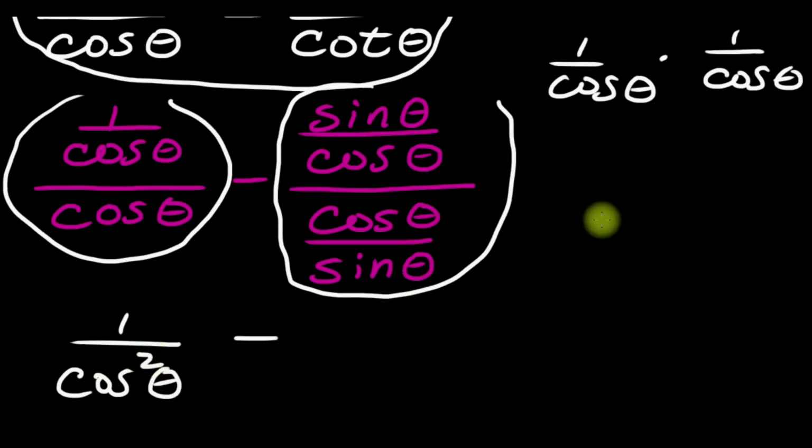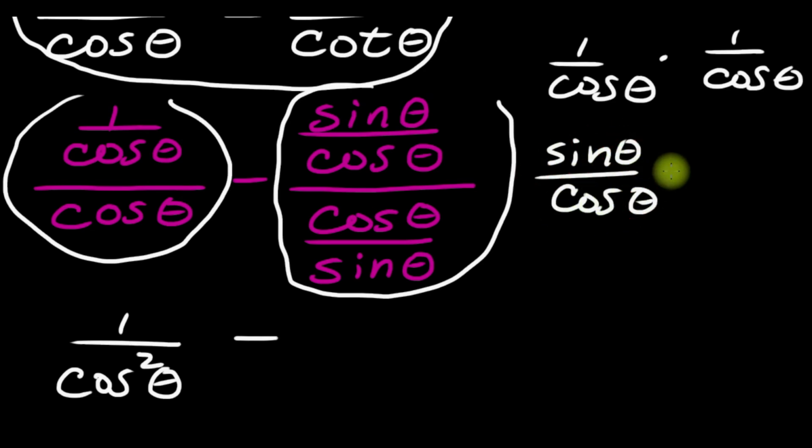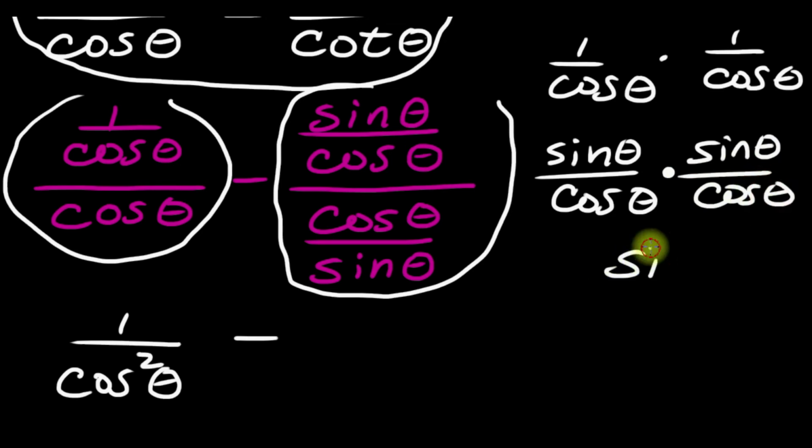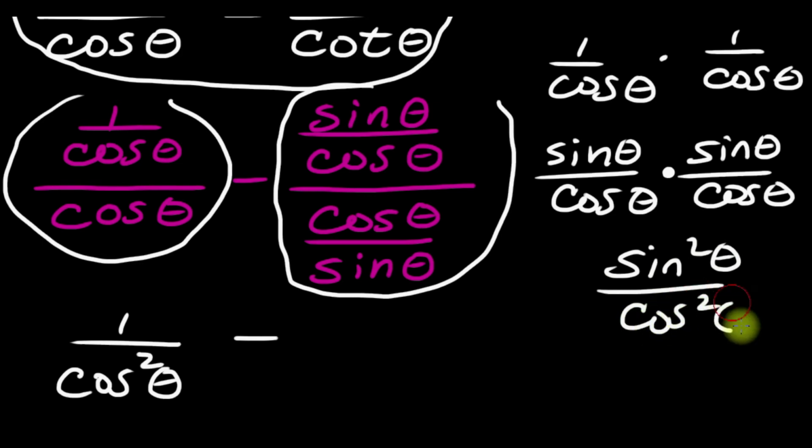And then minus. Now here you get sine over cosine times the reciprocal of cosine over sine, which is also sine over cosine. When you multiply, you get sine squared over cosine squared.